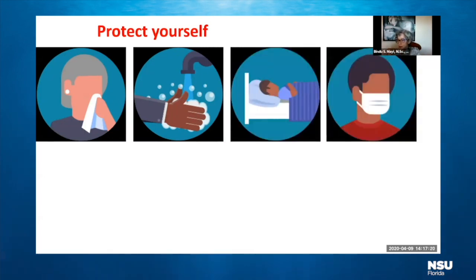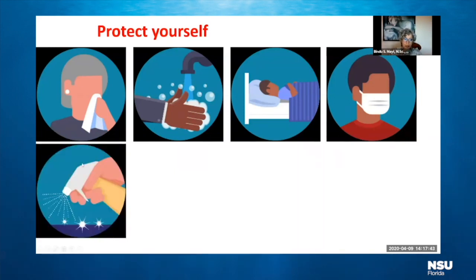If you have to be out in the community to go see your medical care provider or the pharmacist, wear a face mask. And now, of course, the CDC recommends that anyone who is going to be in a crowd of people, or if they're stepping outside the house and going to the grocery store or the pharmacy, wear a mask, whether it's a store-bought or a homemade mask, right?